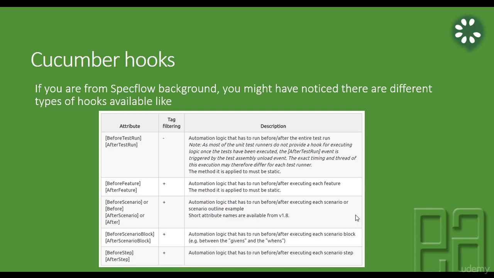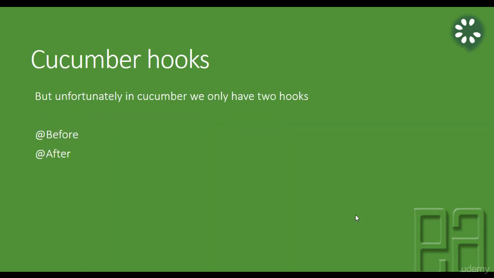By the way, these are some of the various kinds of hooks available in the Cucumber implementation of C#, which is nothing but SpecFlow. But unfortunately, in Cucumber for Java, we have only two hooks. One is the @Before annotation and the other is the @After annotation.